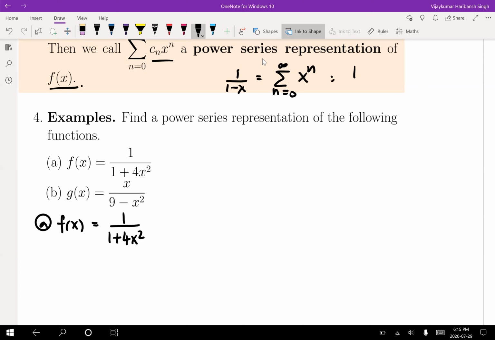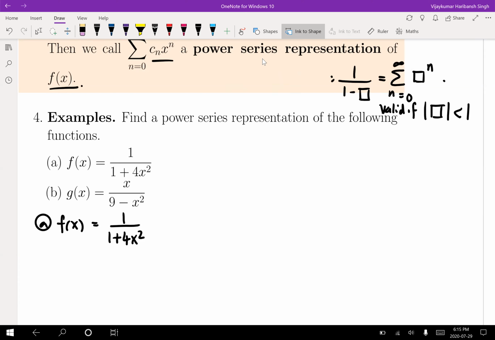I can think of it as 1 upon 1 minus box equals summation n equals 0 to infinity box to the power n, and this is valid as long as the absolute value of whatever is in the box is less than 1.